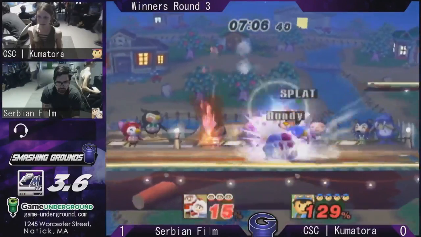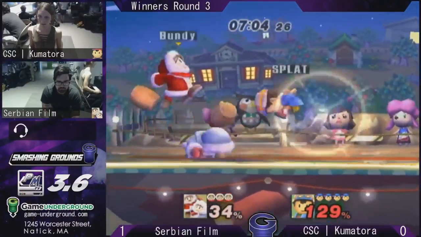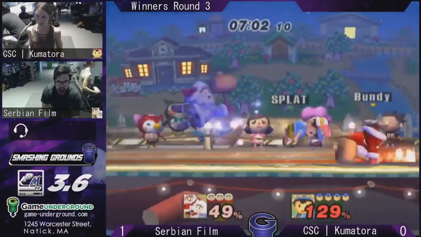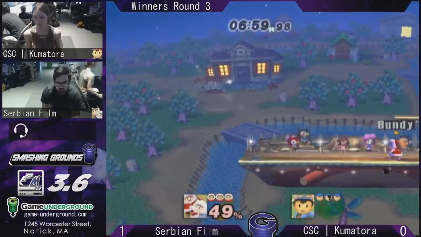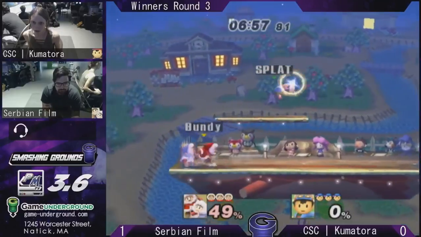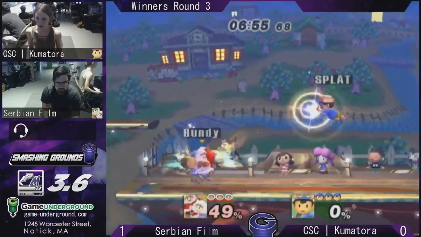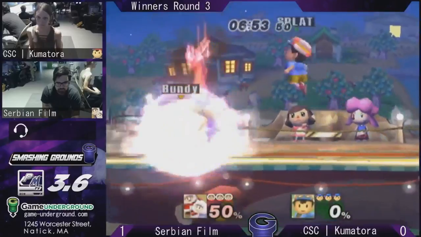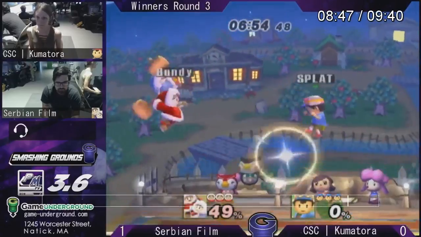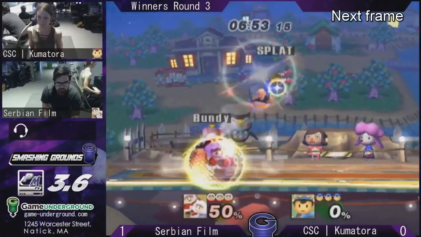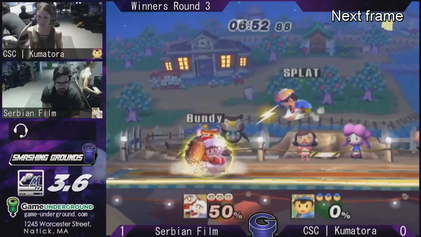And I do think that Serbian film's sort of refusal to play grounded, combined with Kumatora's insistence on playing on the platforms and playing in that really high region, is making this matchup a little difficult, right? You can see it right here with the PK Fires always trying to hit at that diagonal angle.